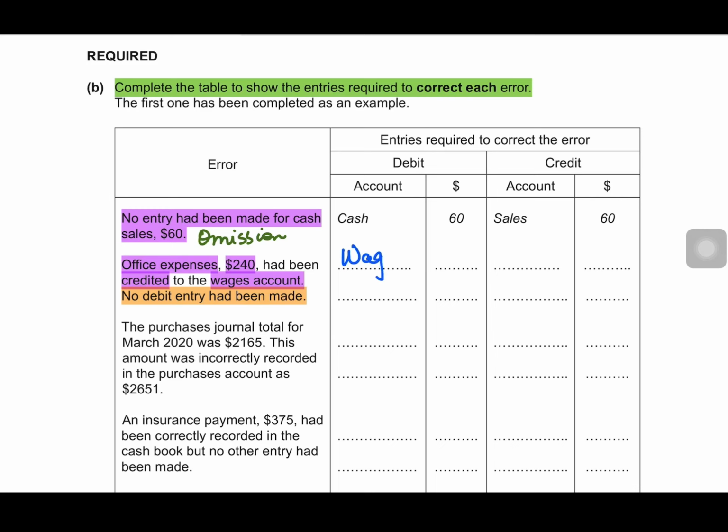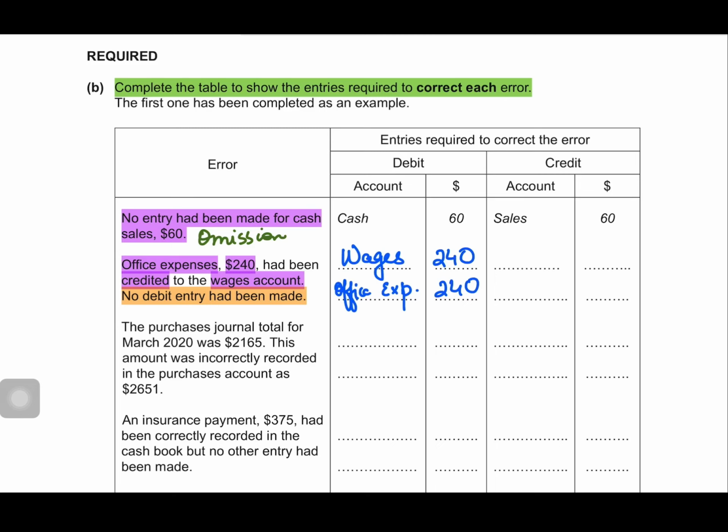So wages will now be debited by the original value 240. This will reverse the effect of the error on its credit side. Then it also says that no debit entry had been made, so office expenses should have been debited, right? So now we will be debiting office expenses by 240 as well, right?